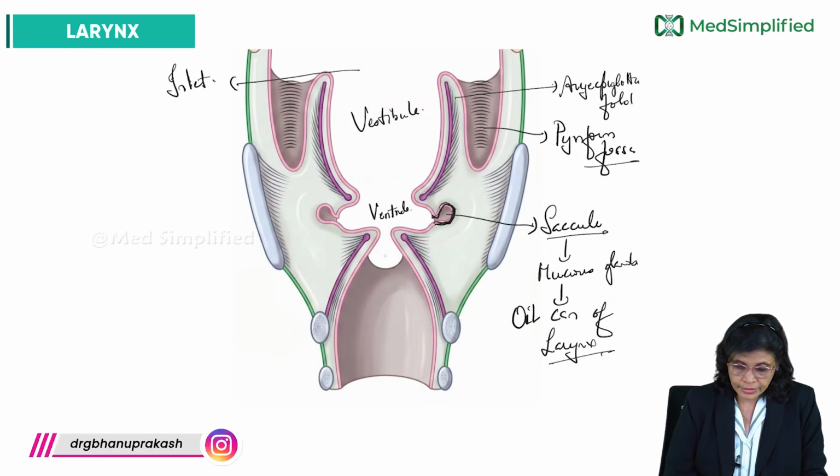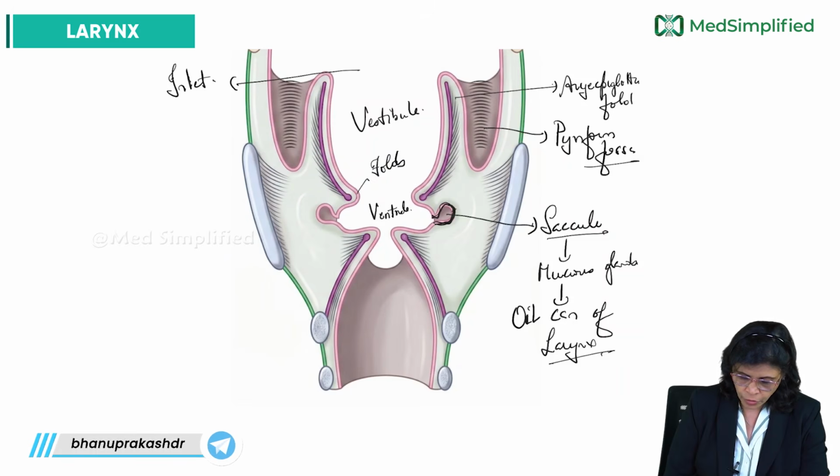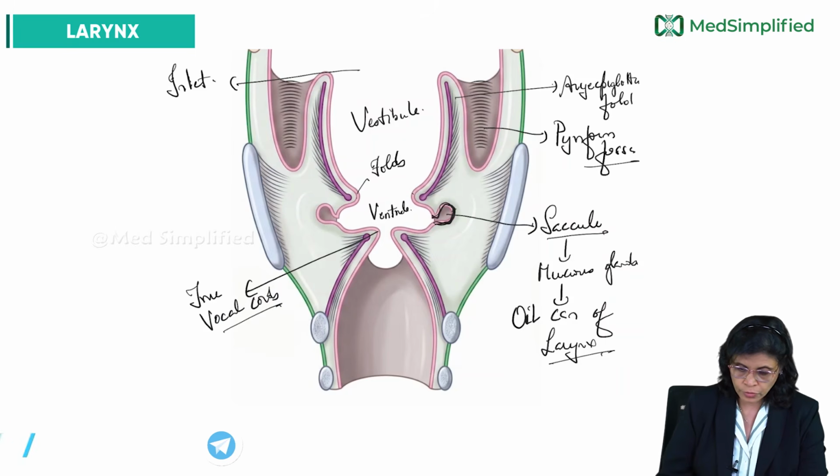Then we see the infraglottic part. Here the vestibule is separated by the vestibular folds, which are the false vocal cords, and these are the true vocal cords, which are nothing but the vocal folds.